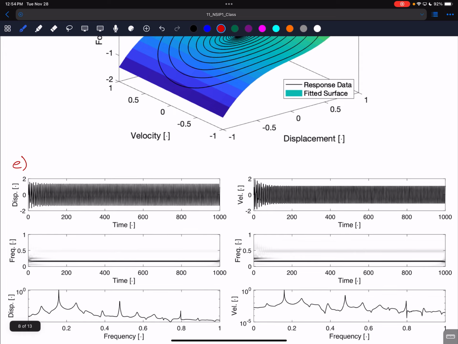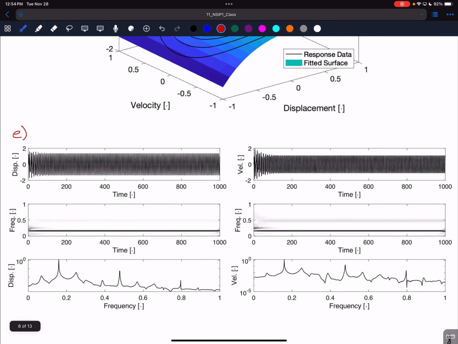Okay, so here is part E, where we're now applying a sinusoidal force to this response, as shown here. This is just the force and the velocity, and you can see in the beginning there's some transient behavior that dies out, and then it reaches a steady state. I'm not sure you guys can see that, but I'll just briefly draw.